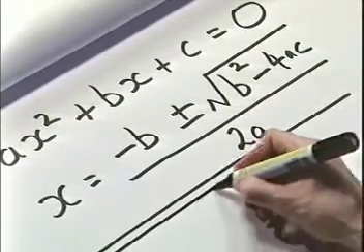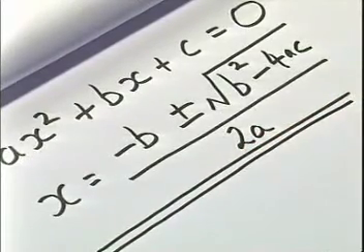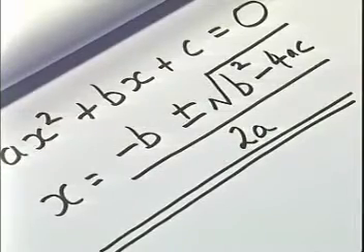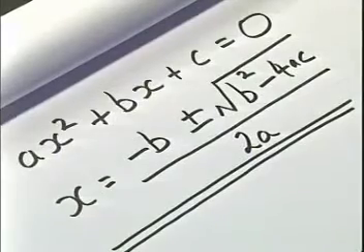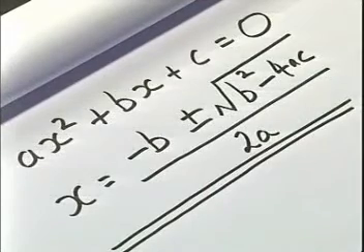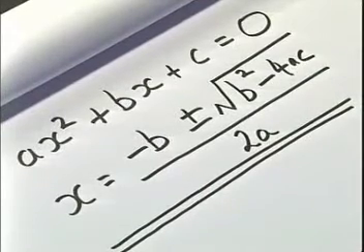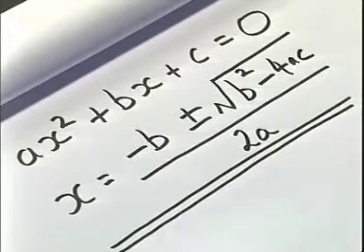And that's the formula for solving quadratic equations. And unfortunately, you do have to learn it. But if you say it to yourself each time you write it down, x is minus b plus or minus the square root of b squared minus 4ac all over 2a, it helps to remember it. Makes it sound stupid, but it helps to remember it.